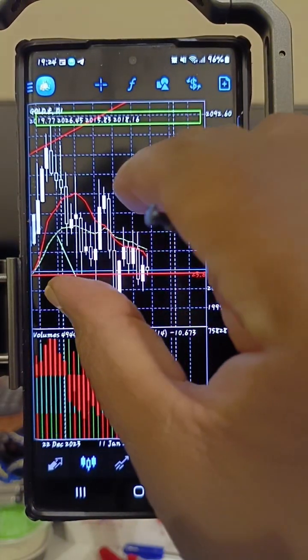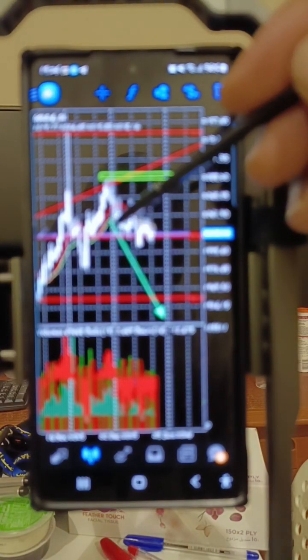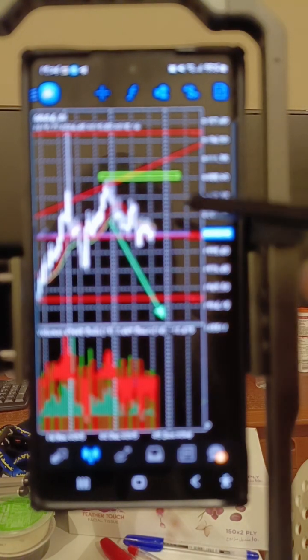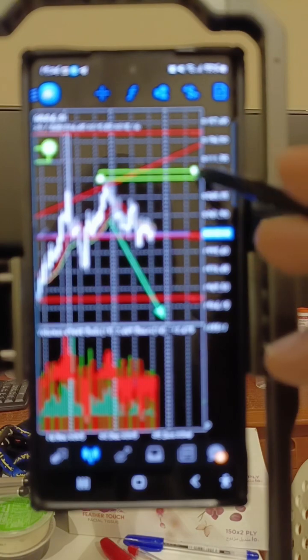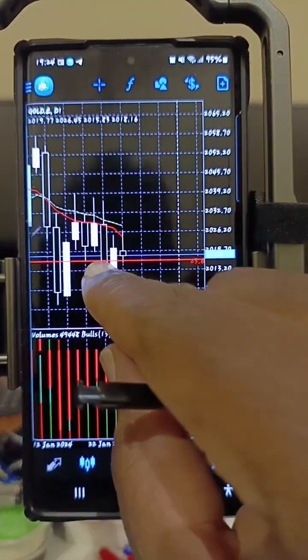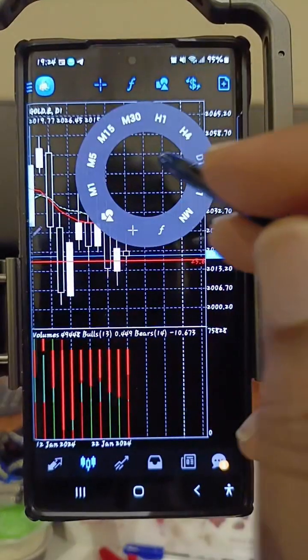So gold, my indication is down. So what I'll be looking for is gold to come and retest the day high.